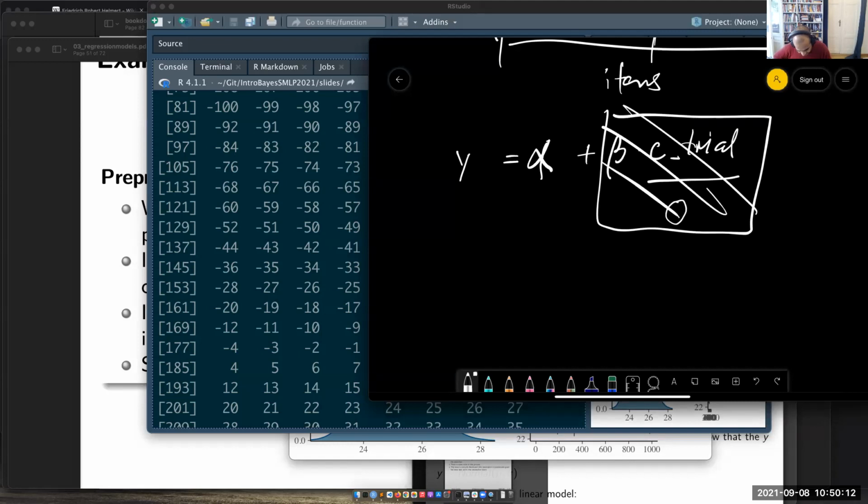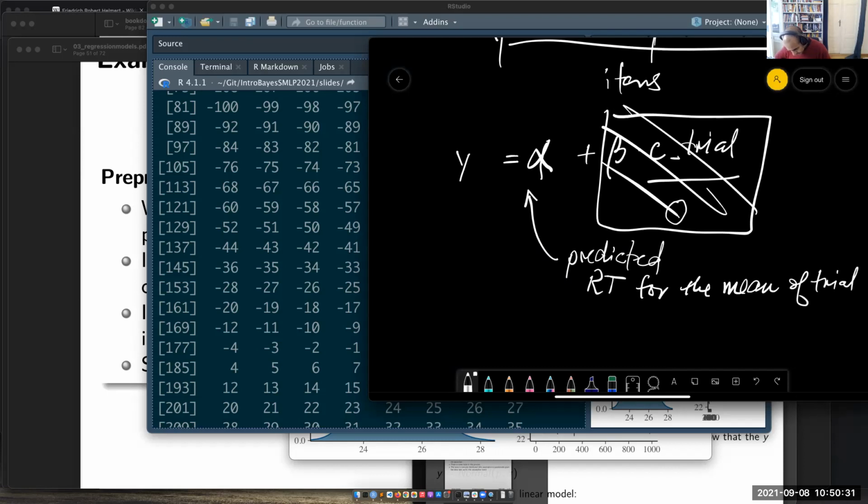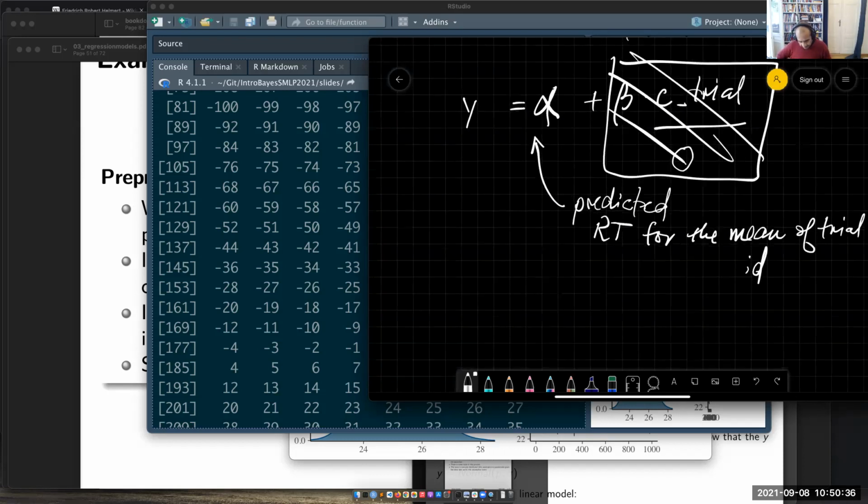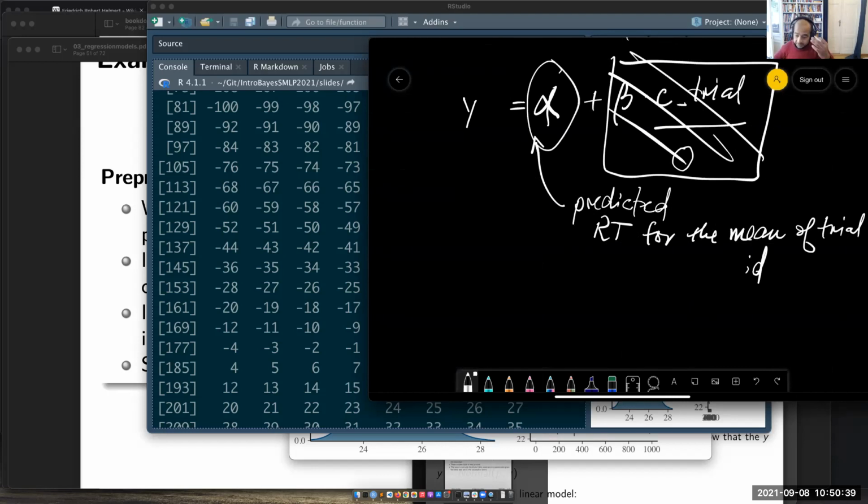What alpha represents then is the predicted reading time for the mean of the trial ID, because when the trial ID is 0, that means it's the mean of the trial ID. And so this intercept now has a reasonable interpretation. It basically gives you the predicted reading time or reaction time for the mean of the trial ID.